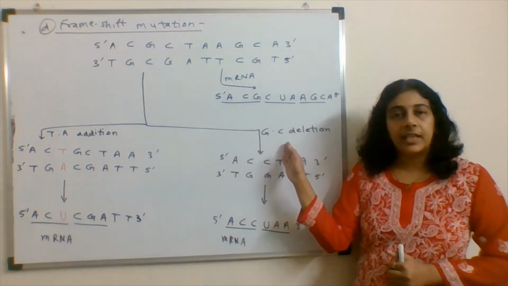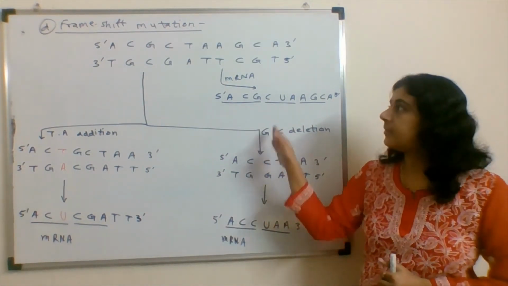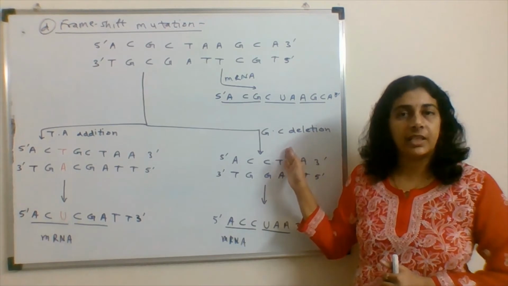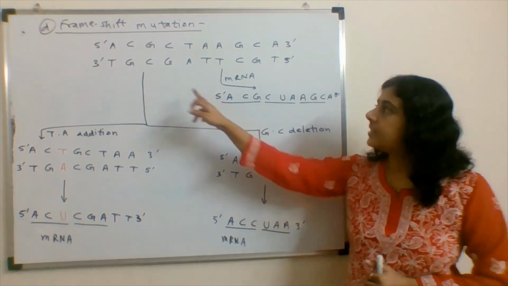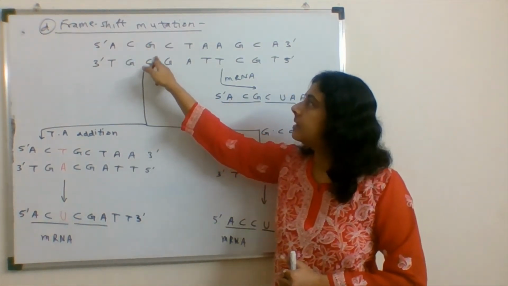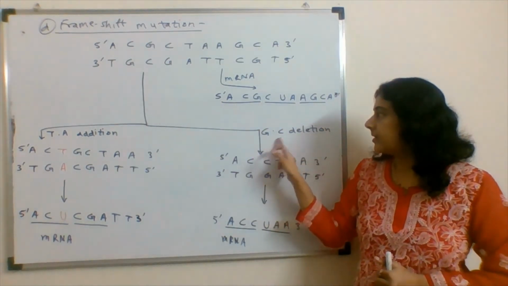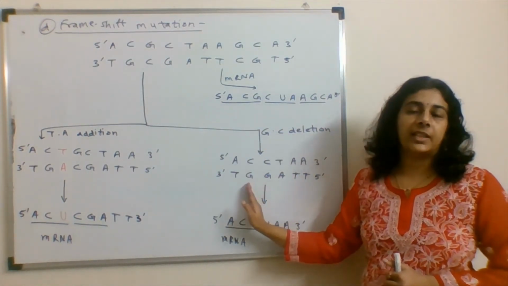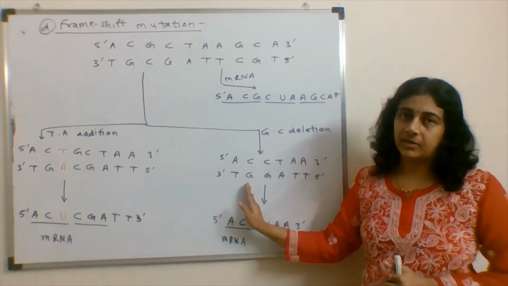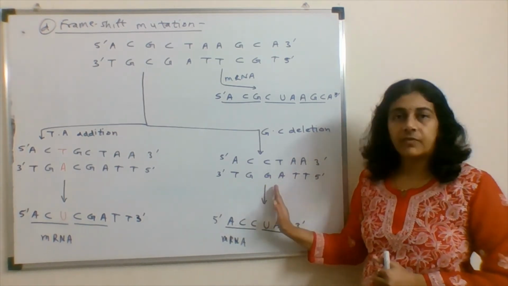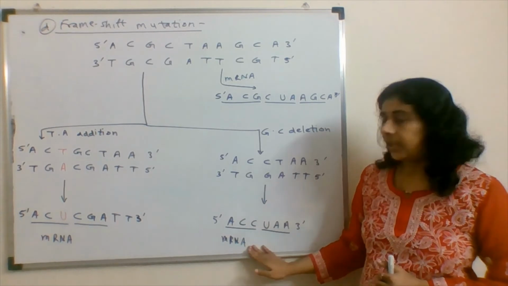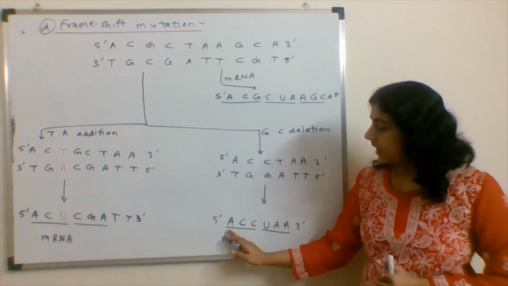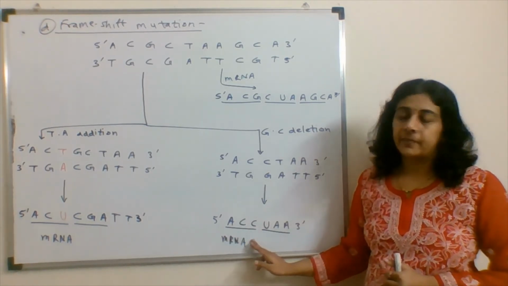When we say deletion, if the frame shift mutation is of the deletion type, if this GC base pair gets deleted, then again the frame will get shifted. Due to this shifting of the frame, when the mRNA is formed, it will have another codon.